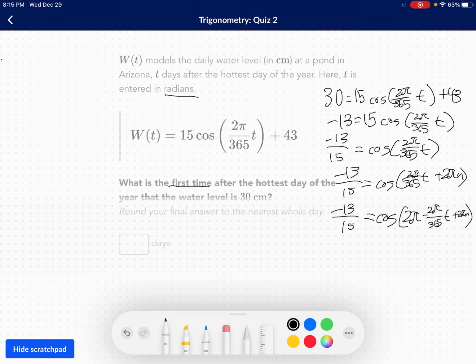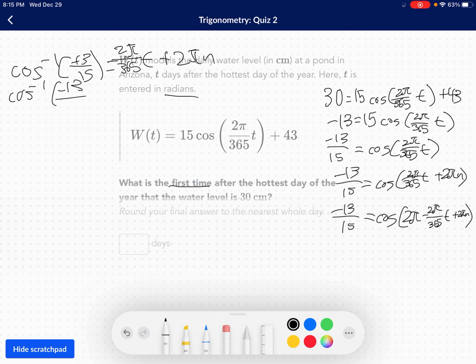Alright, and I'll do the first one first, on the left side of the screen. So inverse cosine of negative 13 over 15 equals 2 pi over 365 t plus 2 pi n.